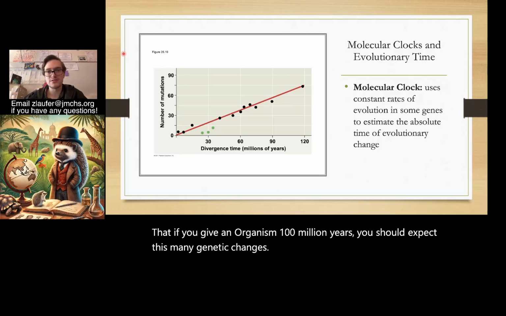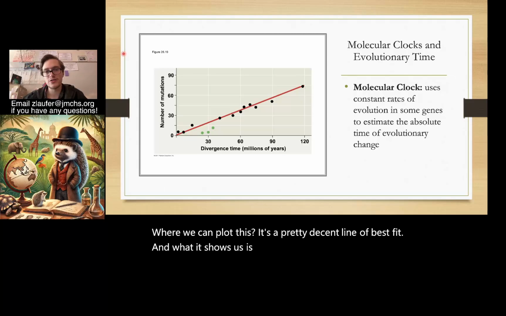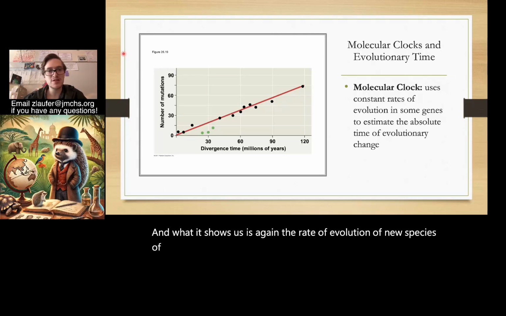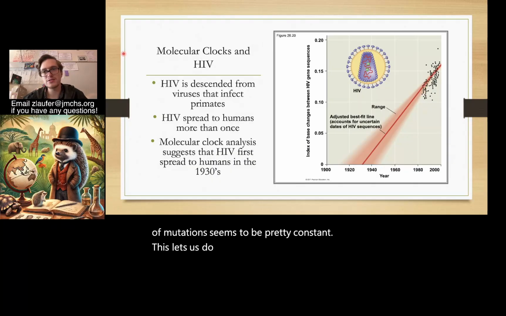We can plot this. It's a pretty decent line of best fit. And what it shows us is, again, the rate of evolution of new species, of mutations, seems to be pretty constant. This lets us do some cool things and cool predictions.